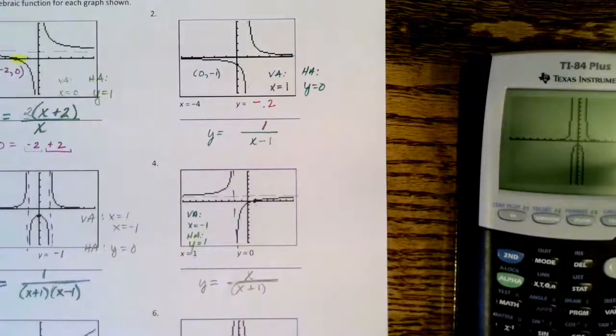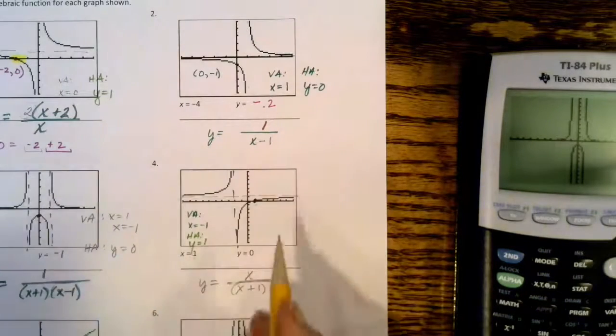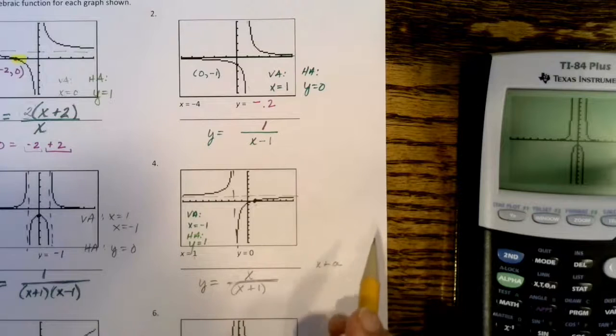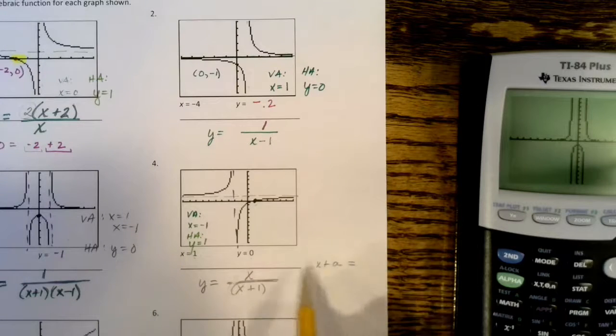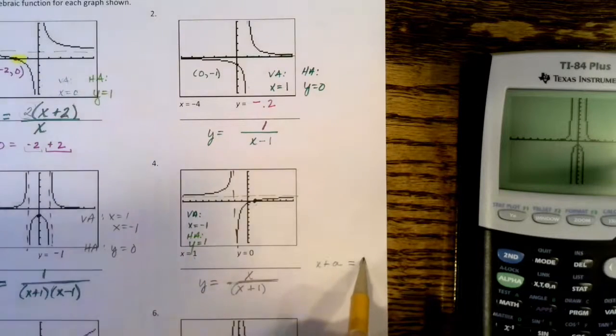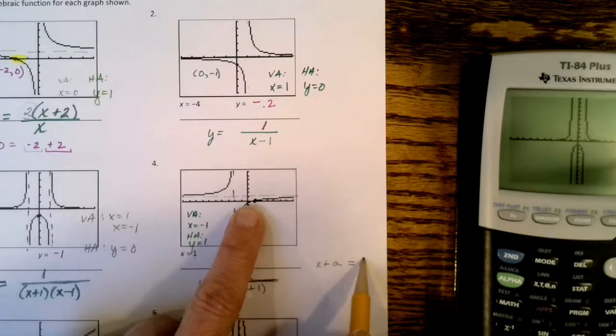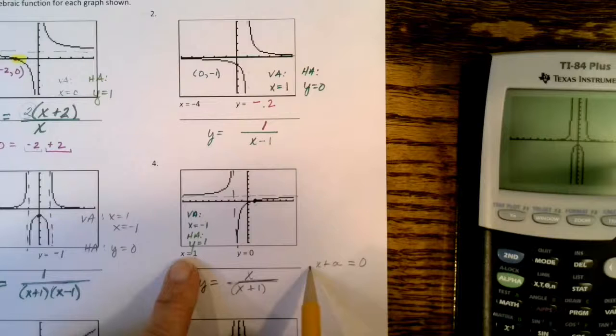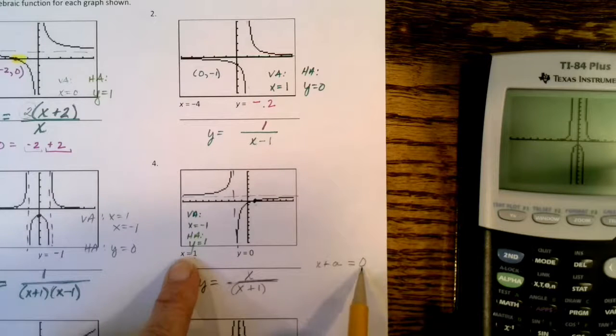So I'm wondering what we're going to have to do to change that, and we'll set up that equation. So x plus some number a is going to be equal to 0. Think about what I'm doing here. They told me that an input of 1 gives me an output of 0.